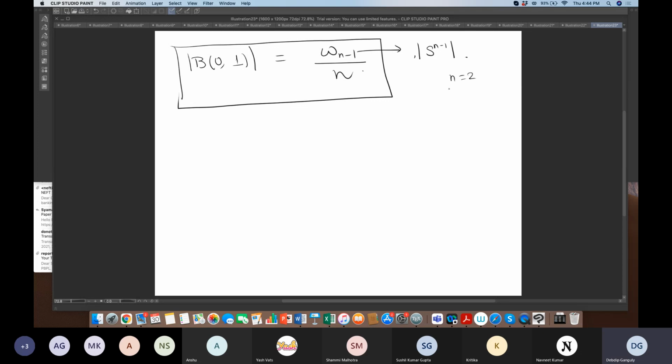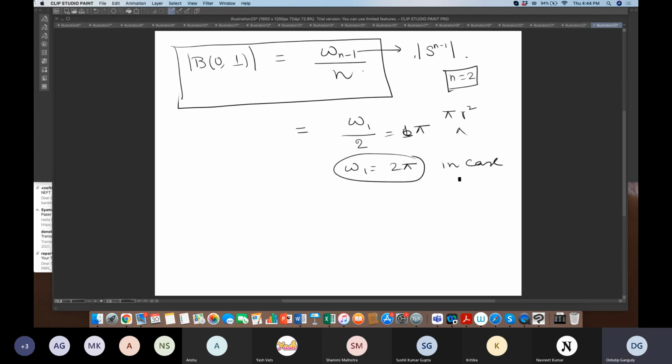For n equal to 2, this is omega_1 by 2, and that is pi r squared. R is 1, so this is pi. So omega_1 is nothing but 2 pi in the case of n equal to 2. Okay.